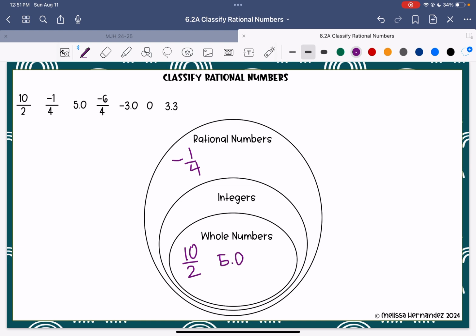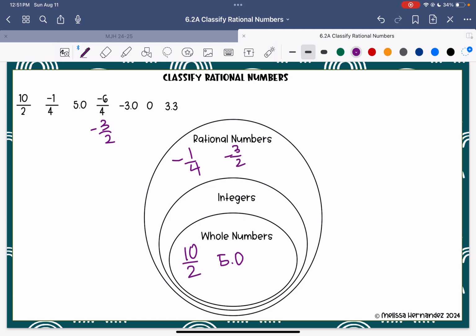Now the next one is negative 6/4. If you simplify it, you would get negative 3 halves. That's still a fraction. If you wanted to write it as a decimal, it'd be negative 1.5. That goes under rational numbers. The next one is negative 3. Well, that's a negative number.